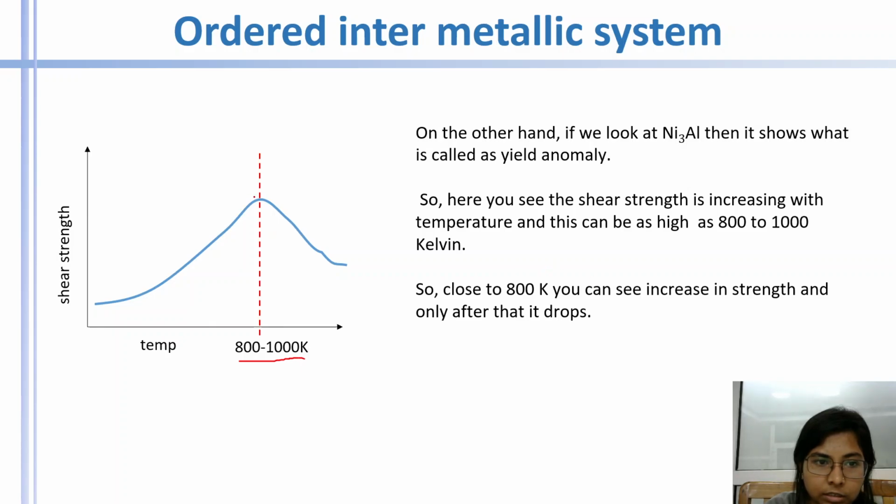It increases up to here, say 800 or 850 Kelvin, and only after that it drops. But before that critical temperature, there is an increase of the shear strength with increasing temperature. So this is called yield anomaly.